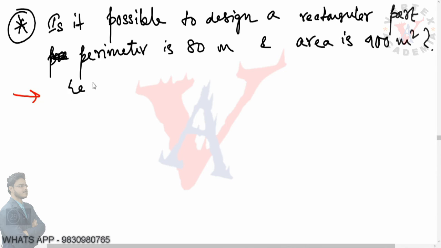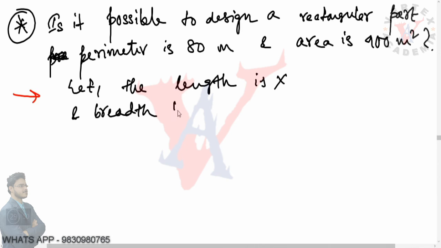So let the length be x and breadth be y. It is given that its perimeter is 80 meter, therefore 2 times (x plus y) equals 80.